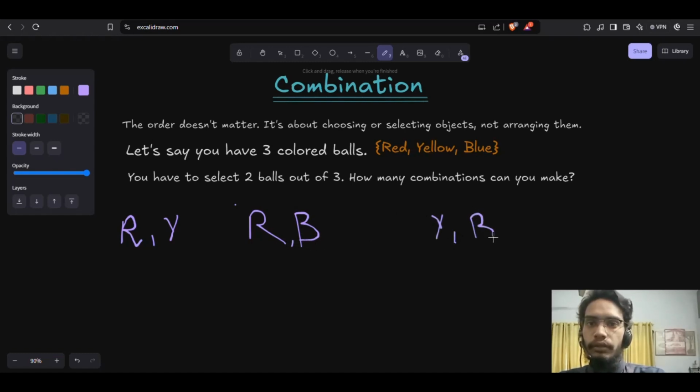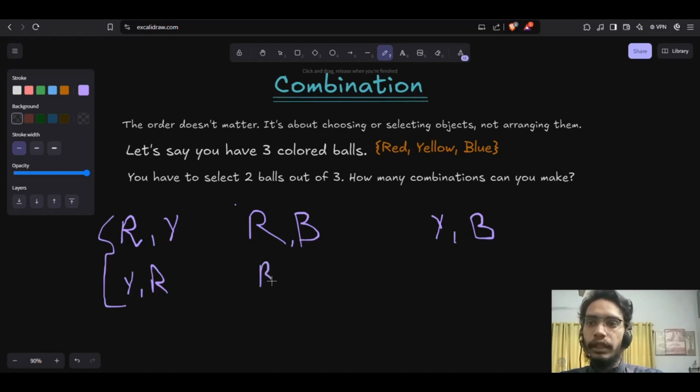So there are three combinations that I can make while selecting these balls: red-yellow, red-blue, and yellow-blue. Now, we can also select yellow and red, but these two things are the same. In terms of combination, they are considered a single entity.